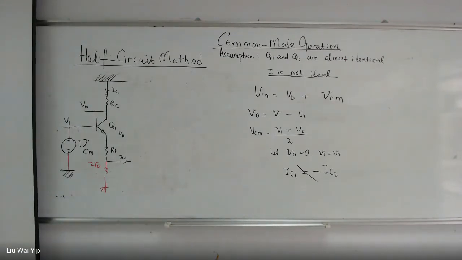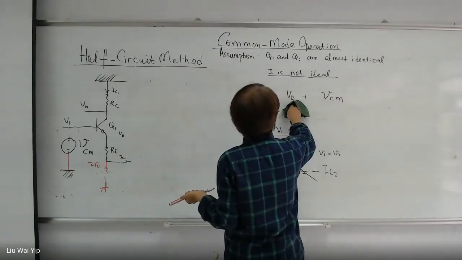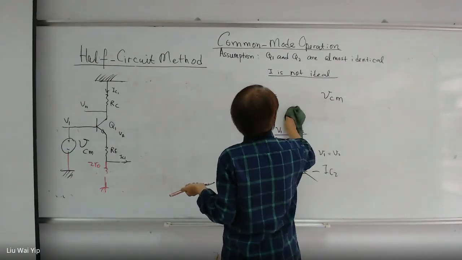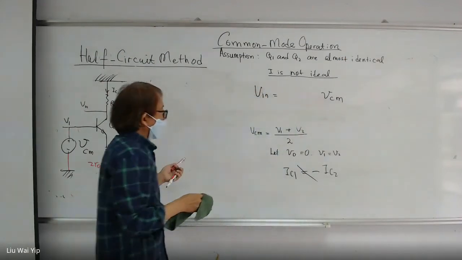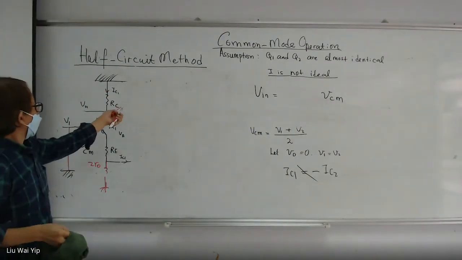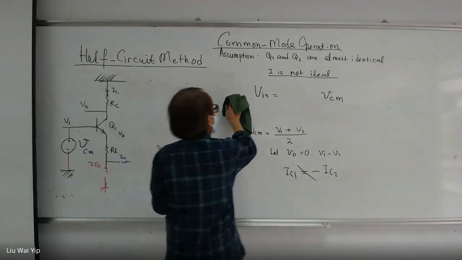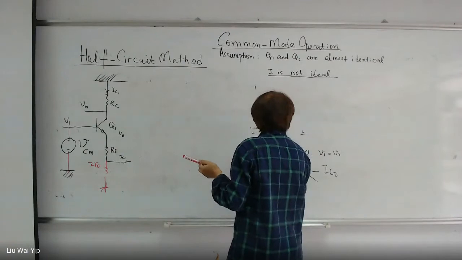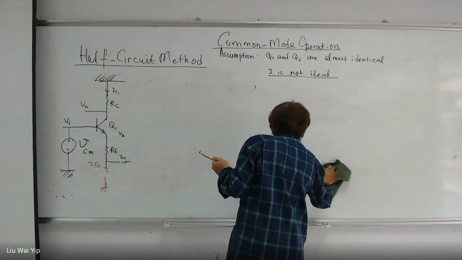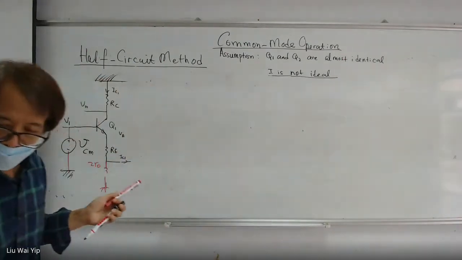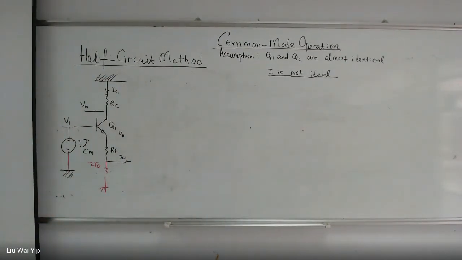And according to my analysis, VD is 0. And we have shown that the VL is VL. So what we have here is according to the circuit, but we don't need to replace the text.